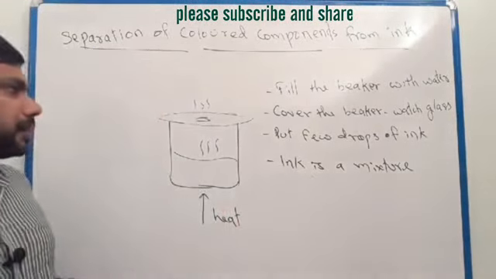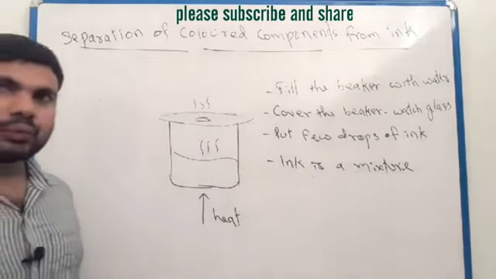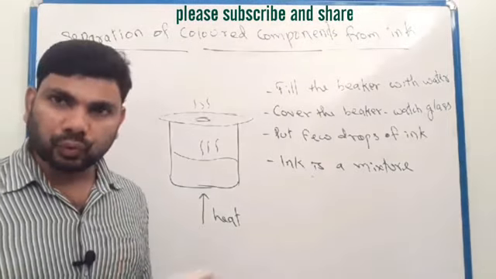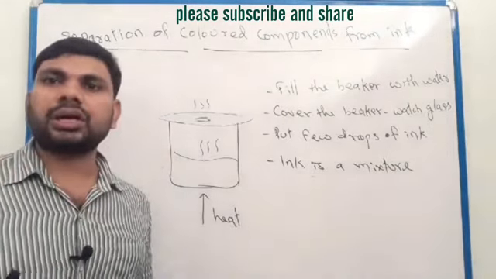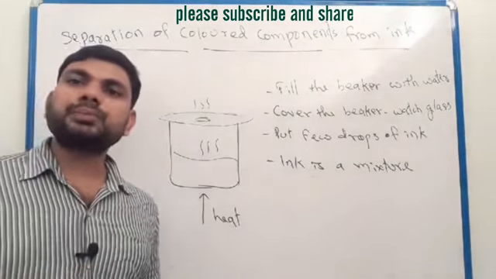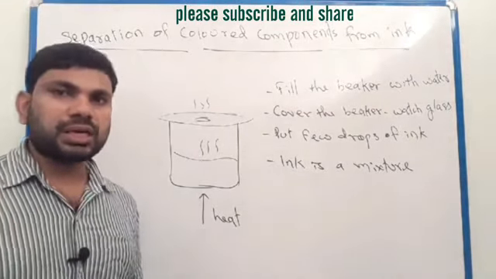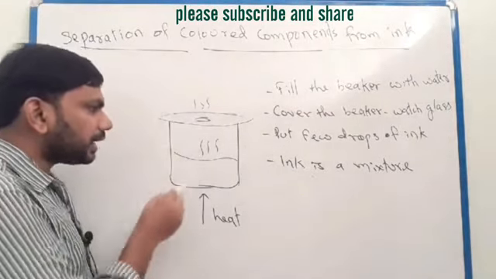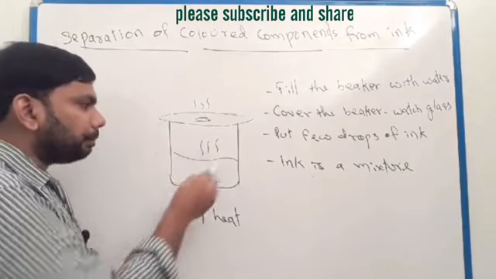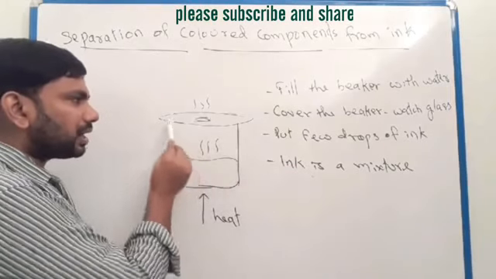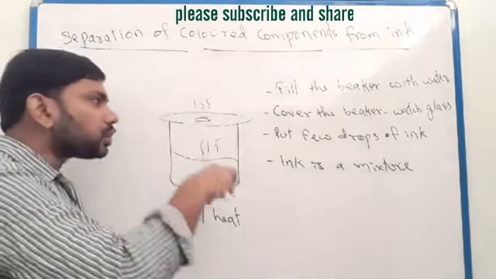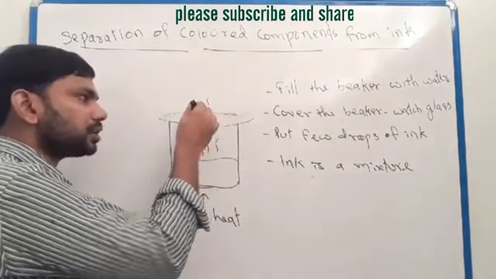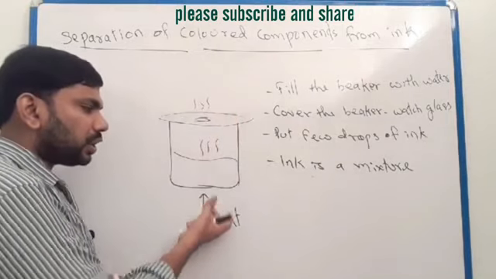For this purpose we take a beaker with water and cover the beaker with a watch glass, and put a few drops of ink on the watch glass. See here in this diagram, then heat the water.